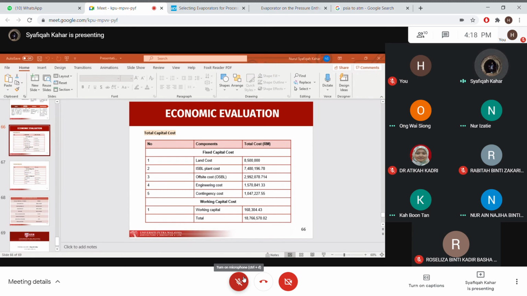Okay, the OSBL is the cost of additions that must be made to the site infrastructure to add the new plant. Basically, from the books, the OSBL cost is 40% of the ISBL cost. And the engineering cost is for business planning, management, project management, planning, scheduling, like that.